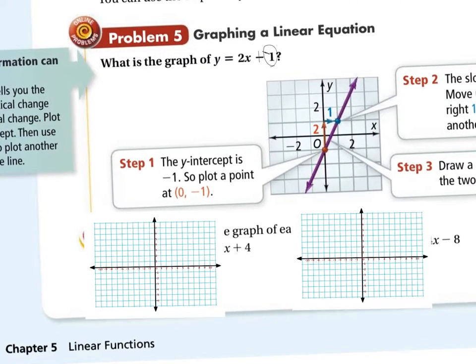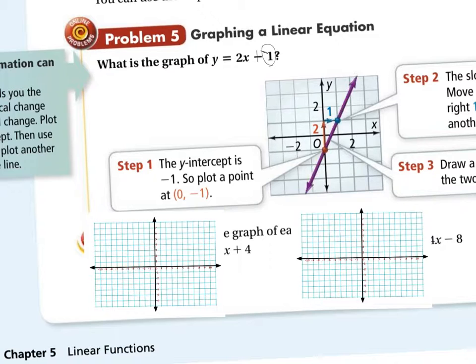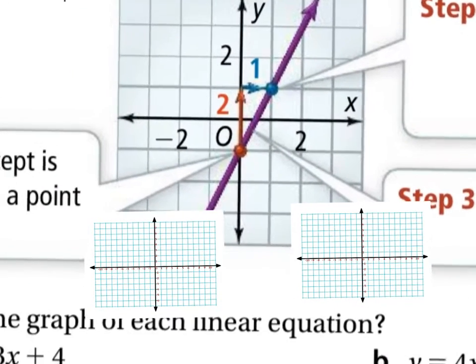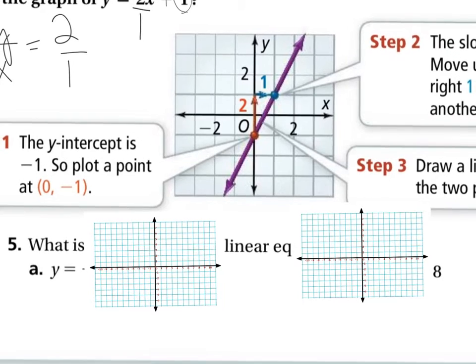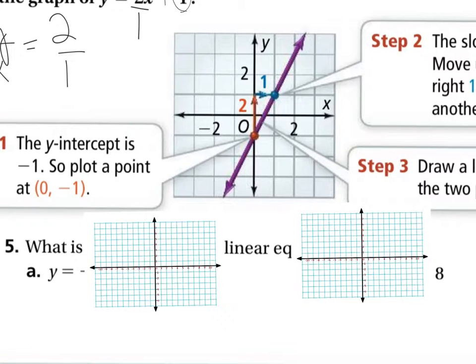And then the slope is 2, which is like 2 over what? 1. Okay. So remember, slope's changing y over changing x. So our slope's 2 over 1. Means from that y-intercept we go up 2 over 1. That gets them to the blue dot there. And then they just draw a line connecting the red dot and the blue dot, and they put arrows on the ends. And that's their equation.